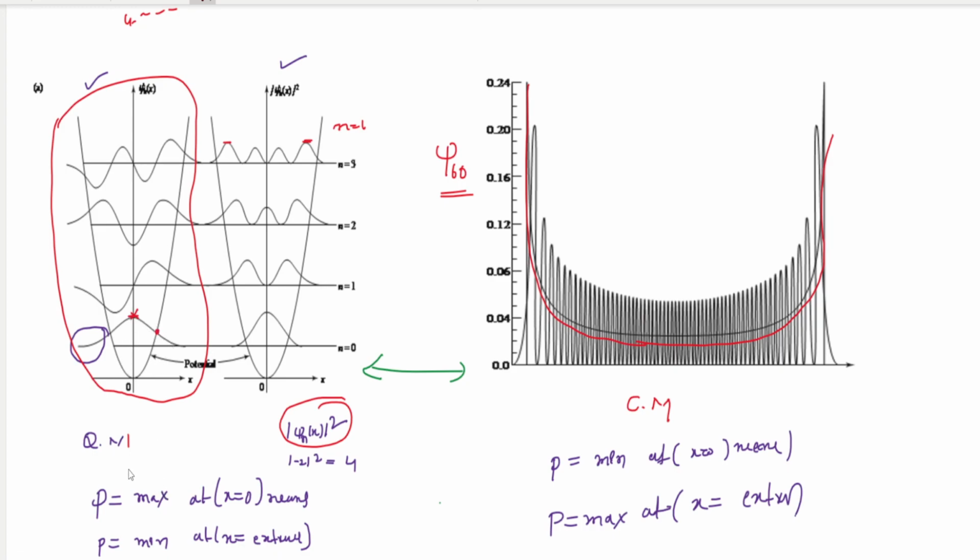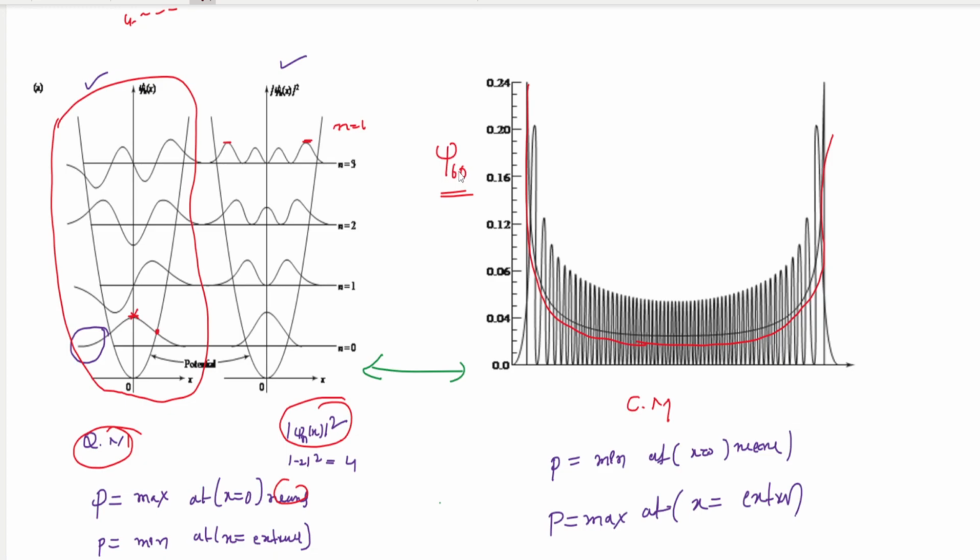Then if you increase the value of n, 0, 1, 2, 3, and so on up to n, you get this type of wave function.